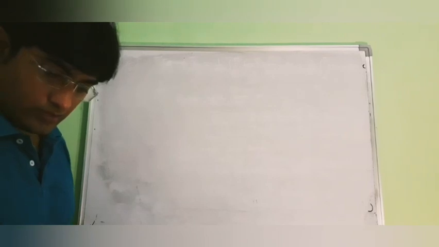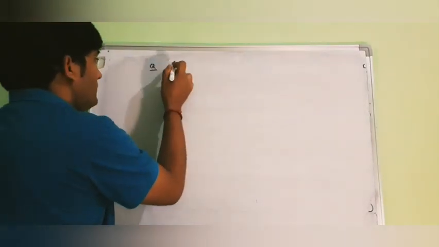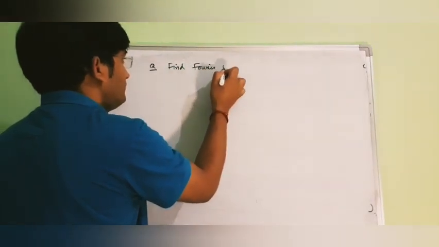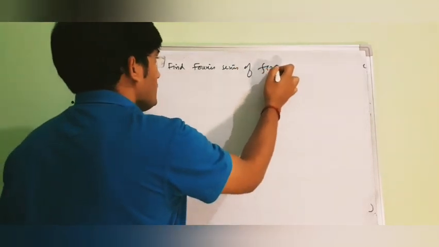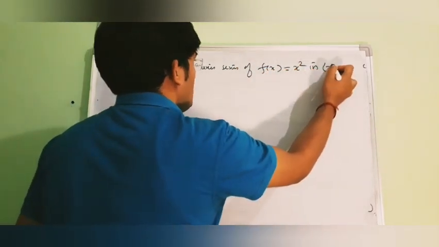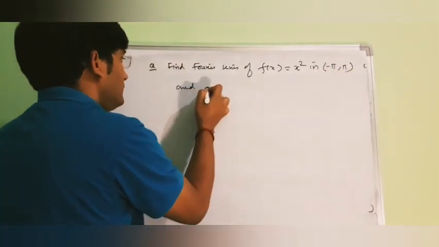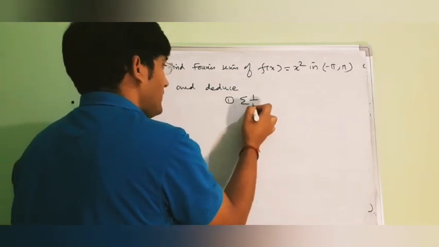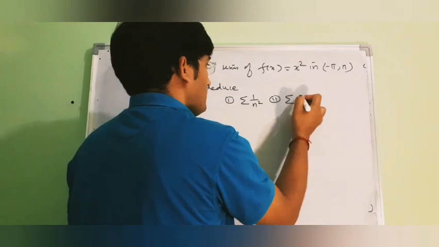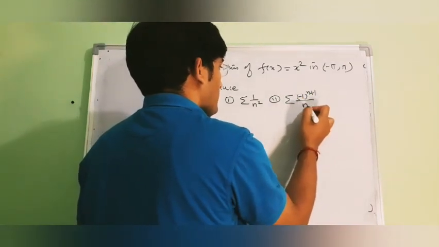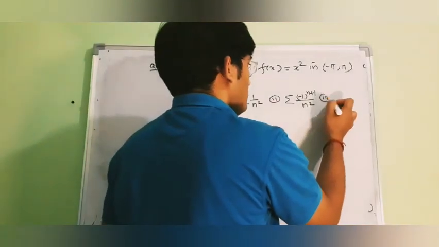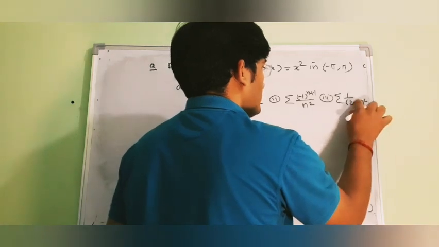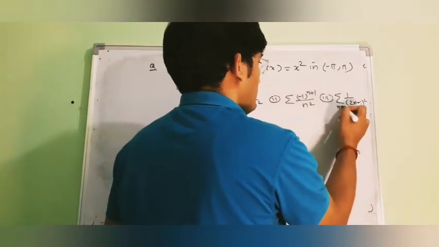I am starting with the question: find the Fourier series of f(x) equal to x square in the interval minus pi comma pi, and deduce the following values: summation 1 upon n square, summation minus 1 to the power n plus 1 times 1 upon n square, and then summation 1 upon 2n plus 1 whole square, 2n minus 1 whole square, where n is from 1 to infinity.